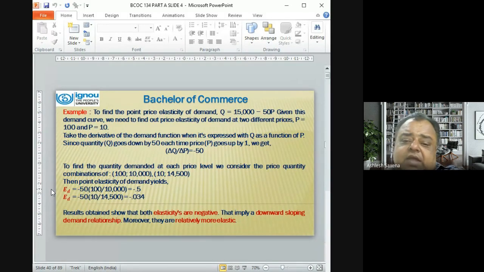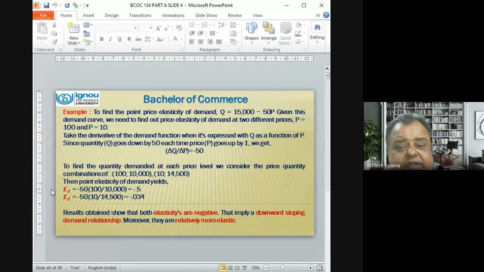To find the quantity demanded at each price level, we consider the price quantity combination of 100 and 10,000, or we can take 10 and 14,500. Now we have to calculate the point elasticity of demand.